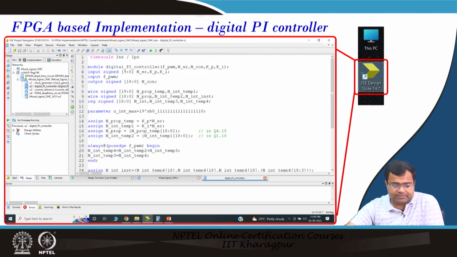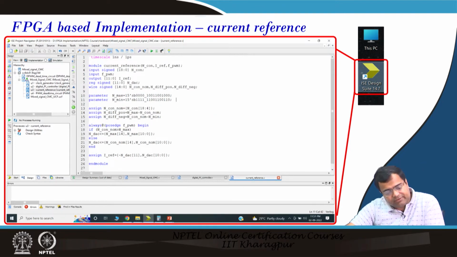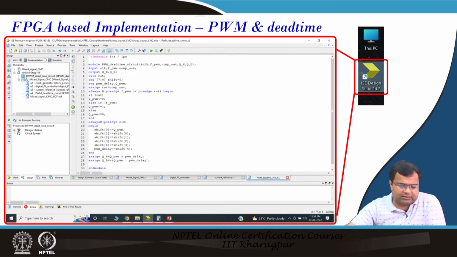We are not going to discuss it, but this is just a screenshot. The current reference generation we discussed in lecture number 76, and the blocks. Then the PWM dead time circuit we also discussed in lecture number 76.